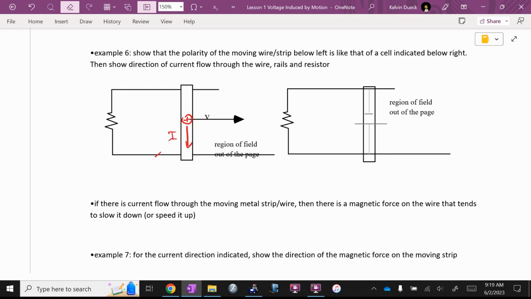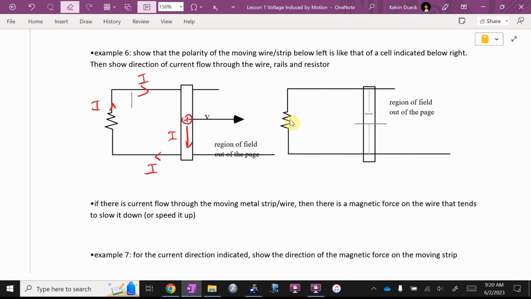Current will flow this way, because current is which way the positives would want to flow if they could. And so mathematically, it's very similar to if I had a battery with the positive end pointing down. If we had a little resistor right here, if it was a light bulb, as soon as we started to pull on that bar, the light bulb would start to glow.